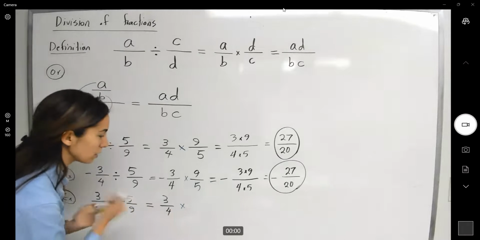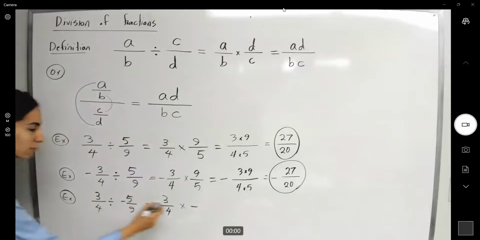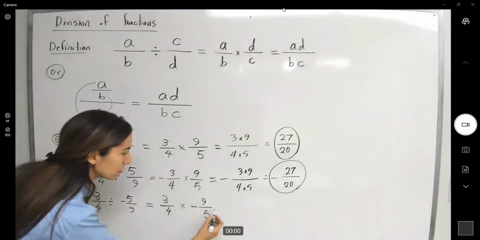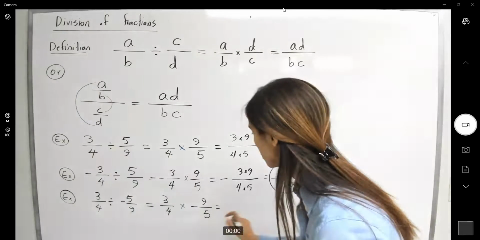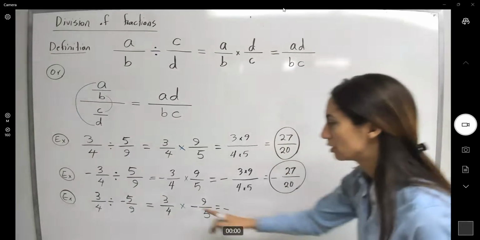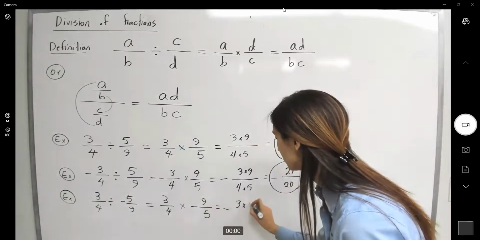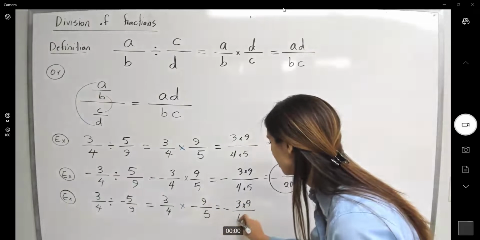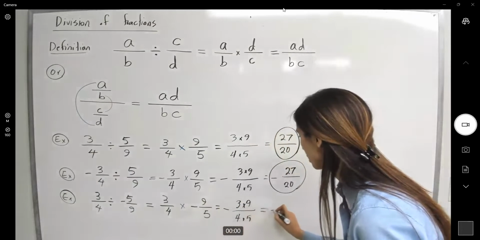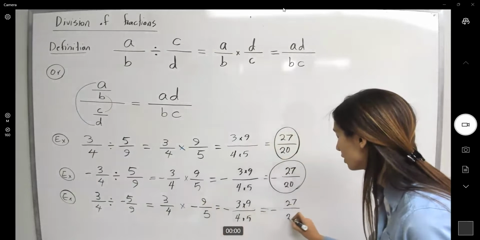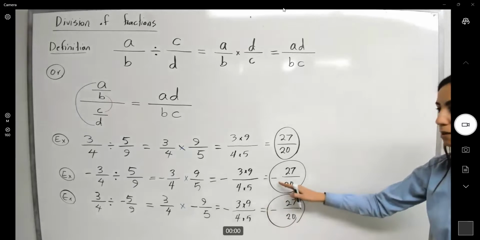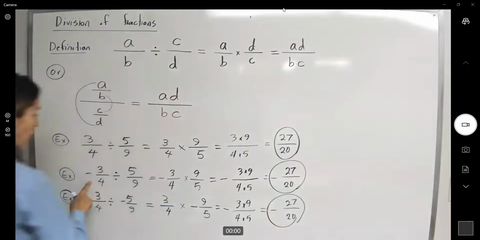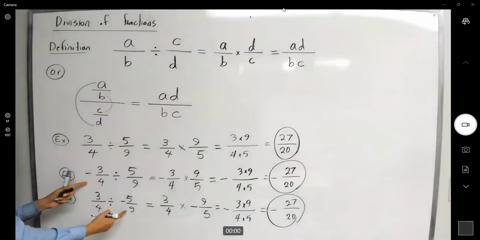So copy down the negative sign, and you have 9/5. Well, the same process. You have one negative sign, copy down your negative sign, multiply 3 and 9, divide by 4 and 5, multiplication. So you get -27/20. So as you can see, it doesn't matter if your first fraction or your second fraction is a negative number, your final answer is going to be the same.